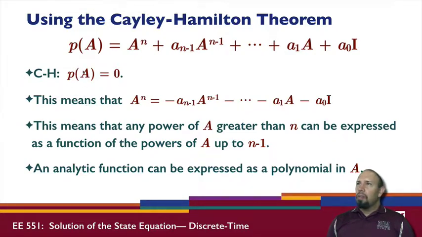So that tells us something about the relationship between A, the powers of A, and the coefficients of the characteristic polynomial. In particular, I can take this equation, set it equal to 0, and solve for the highest power of A, and I can write it in terms of lower powers of A. This means that any power of A greater than n can be expressed as a function of powers of A up to the n minus first power of A. And so as a result, an analytic function can be expressed as a polynomial in A. That is astounding.